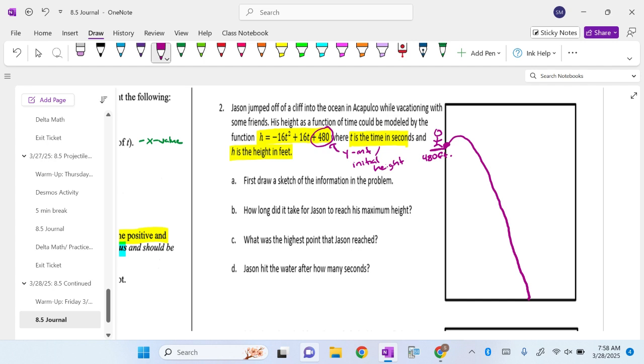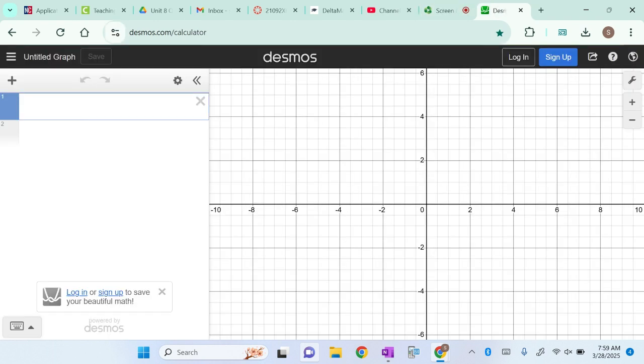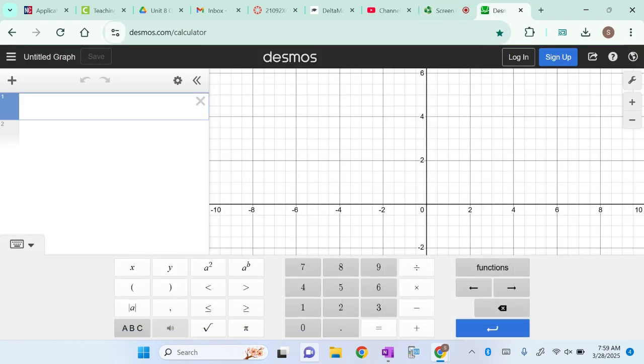Now, I'm going to give you guys about 5 minutes. Take a second, graph the function in Desmos, and answer questions B through D, using what we learned yesterday. Be very careful when you're plotting it in Desmos. Make sure that it's in there exactly as you see it.